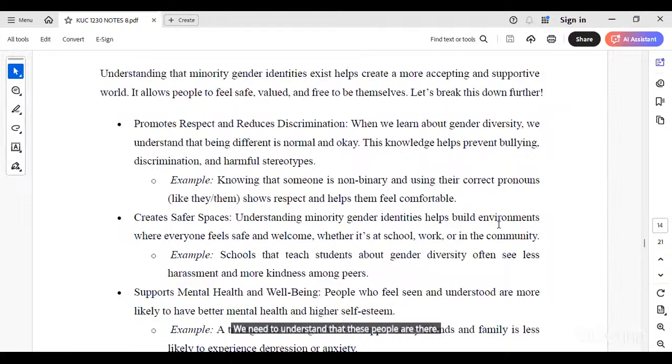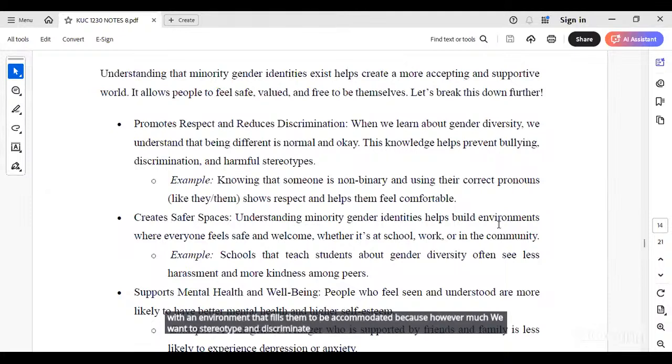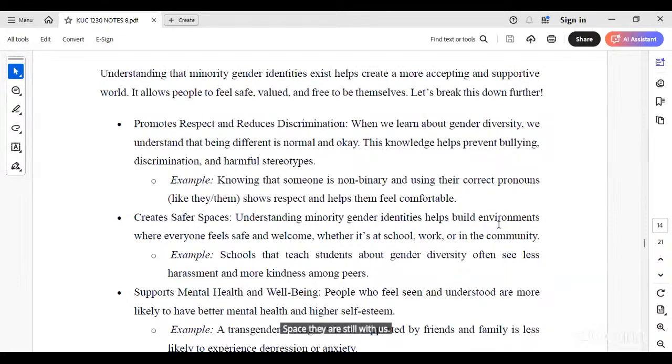So we just have to come up with an environment that feels them to be accommodated, because however much we want to stereotype and discriminate against them, they are not melting into space. They are still with us. So we need to understand that they are there. We need to teach and educate people about this diversity so that we can reduce harassment, we can reduce discrimination.